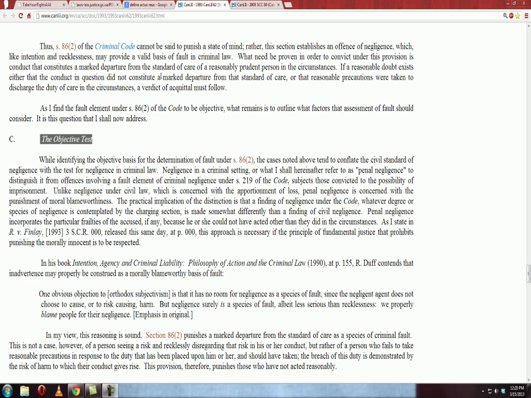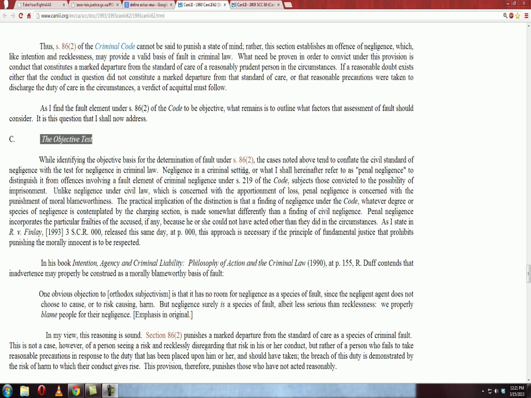So in this section, the objective test, it says, while identifying the objective basis for the determination of fault under Section 86.2, the case as noted above tend to conflate the civil standard of negligence with the test for negligence in criminal law.